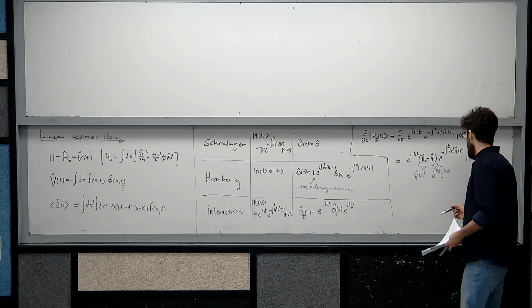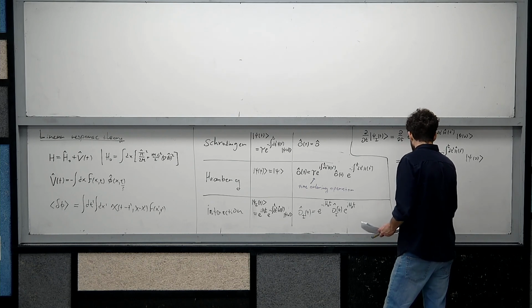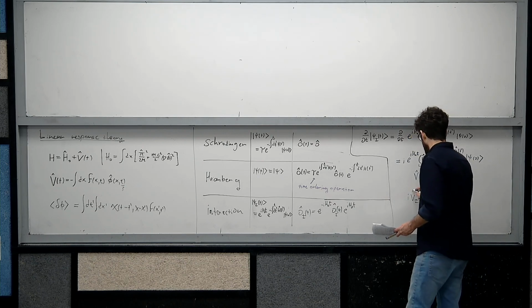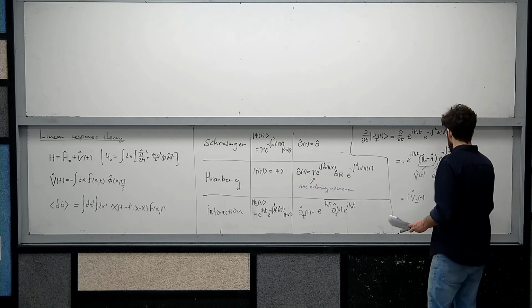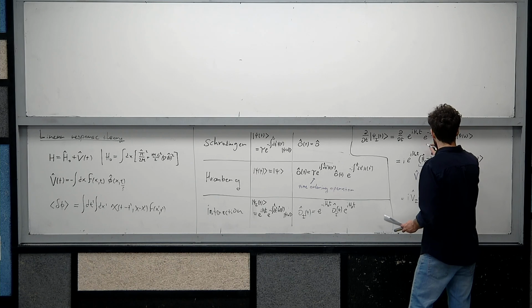But now we're only evolving it with H naught. So what we get is basically V_I of t, which is the perturbation in the interaction picture, and then here we're left with e to the iH naught t. Oh, I forgot the t here.